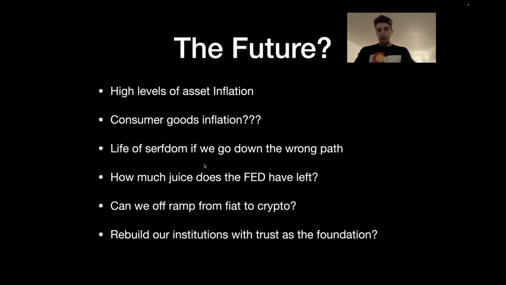Of course, in my eyes, I always think, can we off-ramp from fiat to crypto? And really, I think maybe the more important thing is that in the future, as we rebuild our institutions, because they are crumbling and falling apart, we need trust to be the foundation. We need a monetary system that cannot be manipulated, that enforces policy, because the reality is as humans we're very flawed.